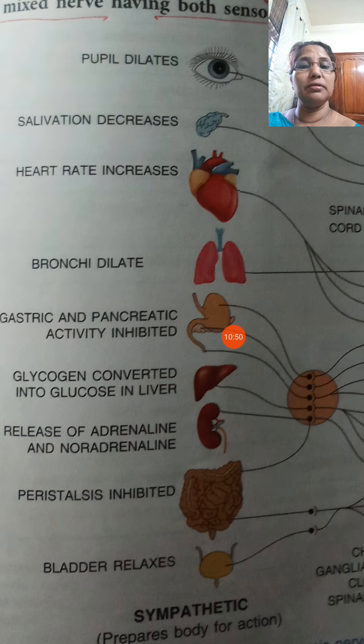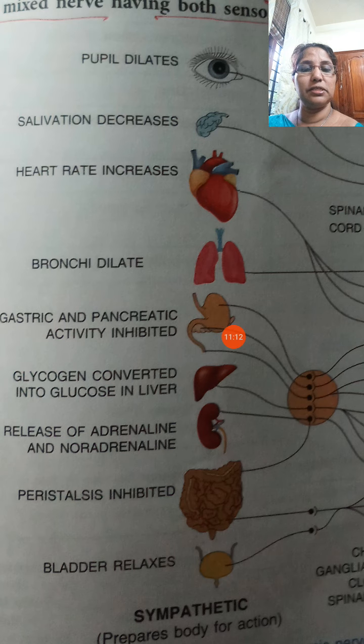Our digestive functions will stop. Then glycogen is converted into glucose in the liver. Glucose we consumed before may be stored as glycogen, and that may suddenly be converted into glucose in the liver to provide more energy in the situation.